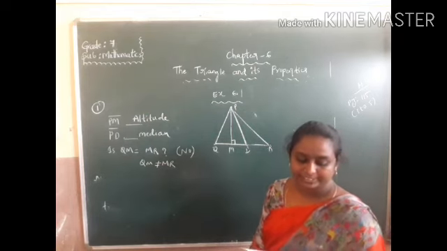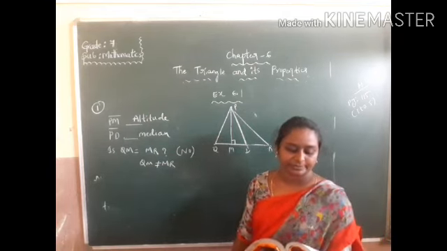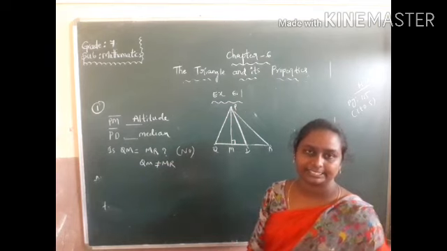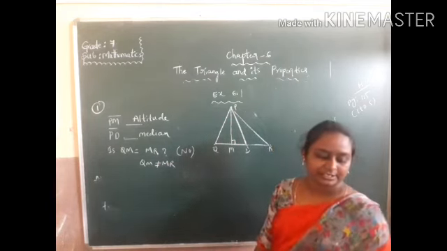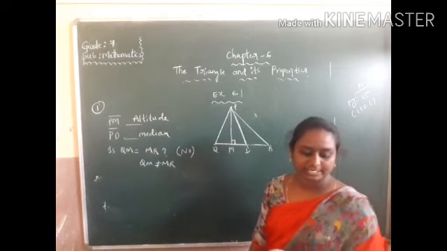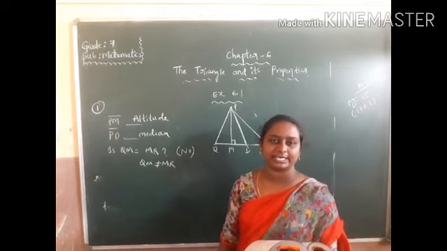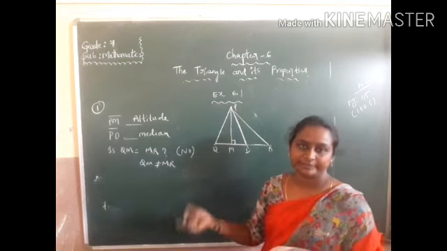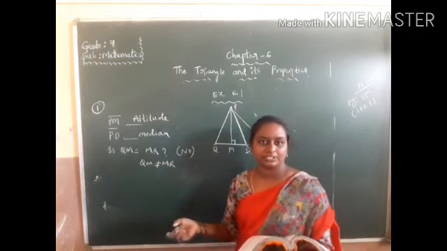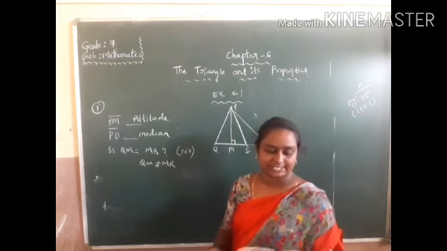Come to the next one. In triangle PQR, PQ and PR are altitudes of the triangle. This one also you have to draw a rough sketch. In triangle XYZ, YL is an altitude in the exterior of the triangle. Exterior means the altitude will lie outside. This one you have to do yourself.